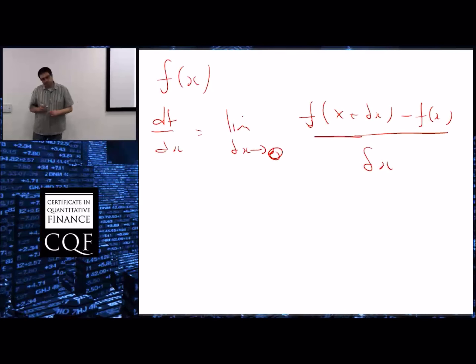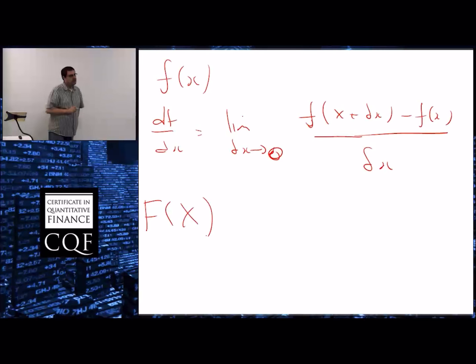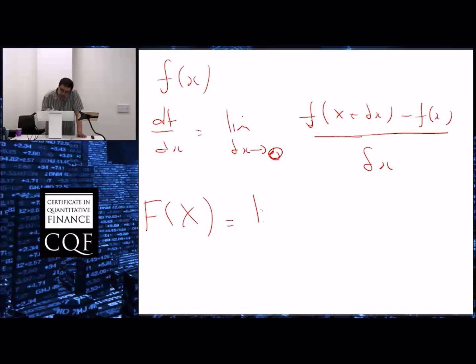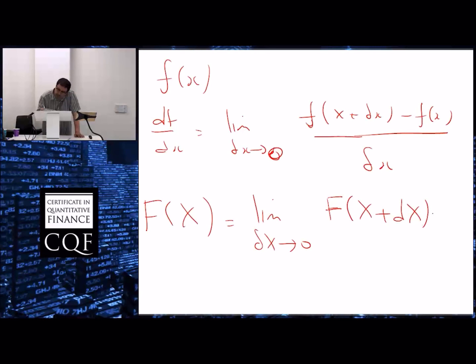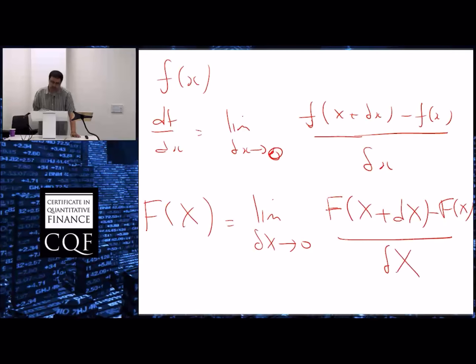But what about if you ask, what is f of x, where x is a Brownian motion? Can we also say this? Limit as delta x tends to 0 of f of x plus dx minus f of x over delta x.